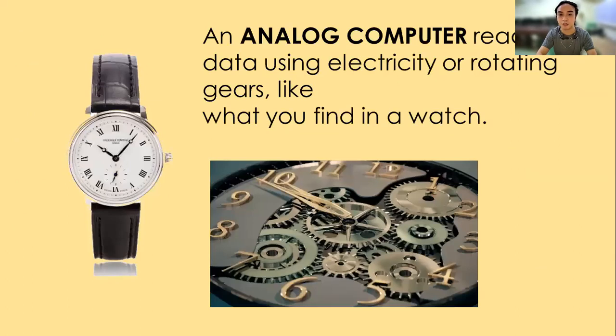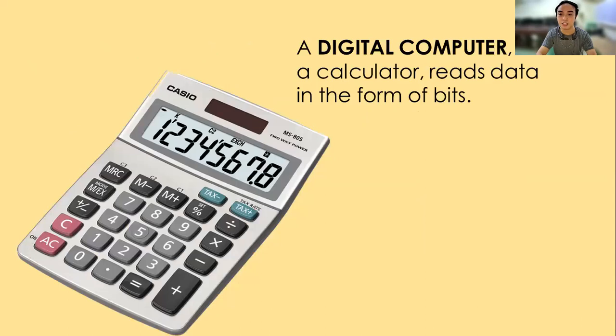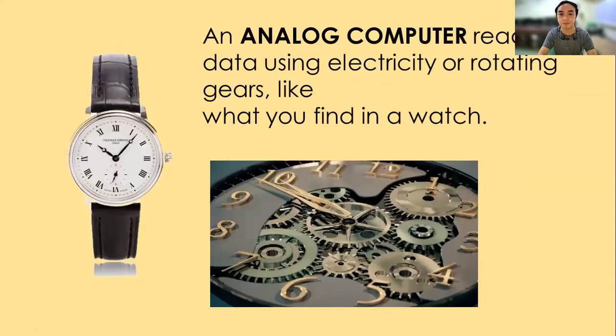For analog computers, they read the data using gears and electricity. For digital computers, they read the data in the form of bits. If a computer does not use gears, that computer is considered digital. If it uses gears, that is analog.